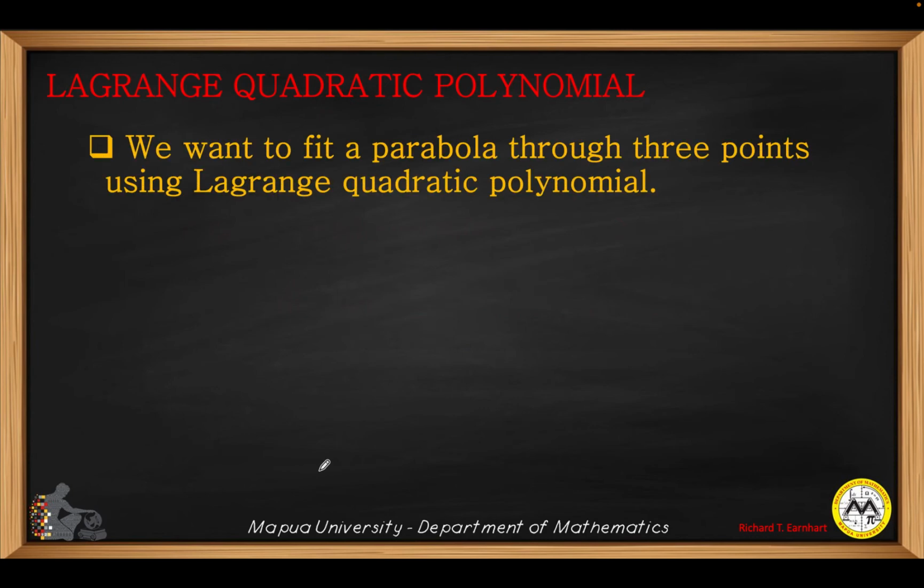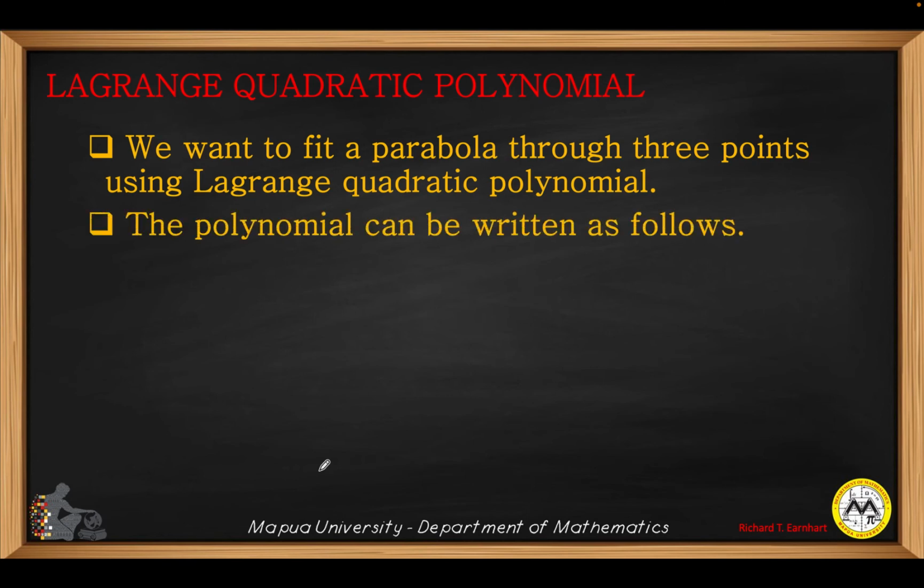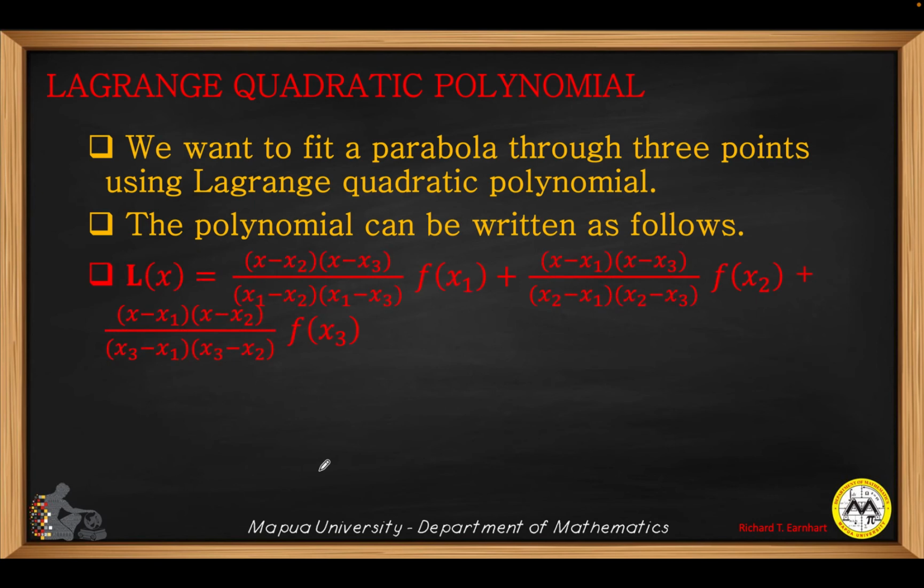Now let's have another interpolating polynomial, which is the Lagrange quadratic polynomial. So here we want to fit a parabola through given 3 points using the Lagrange quadratic formula. Okay, so the polynomial can be written as follows. So you're given 3 data points, x sub 1, x sub 2, and x sub 3.